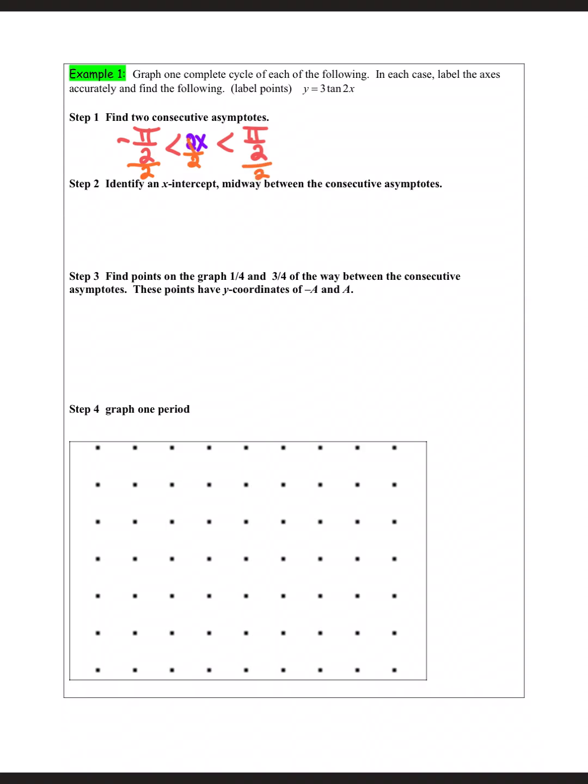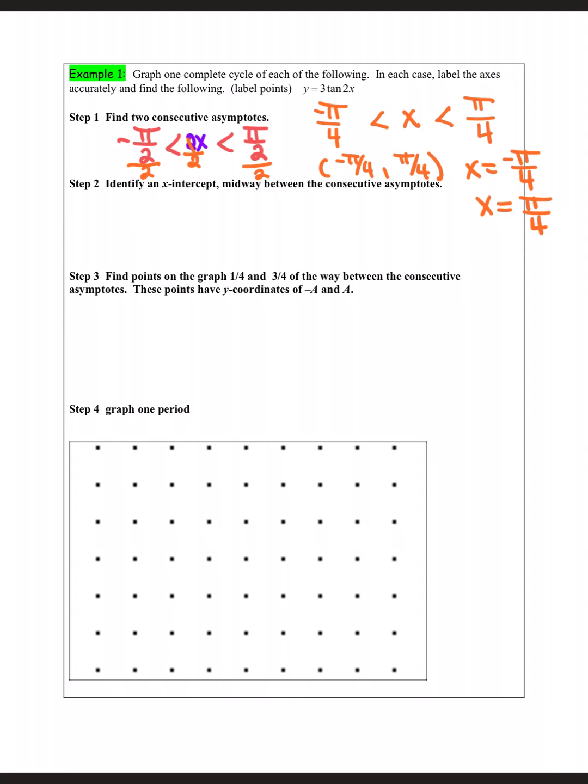So when we solve this, we have that x is in between negative pi over 2 divided by 2, which is negative pi over 4, and pi over 2 divided by 2, which is pi over 4. So here my interval will be between negative pi over 4 and pi over 4, and that's where the asymptotes will be. So it will occur at x equals negative pi over 4 and at x equals pi over 4.